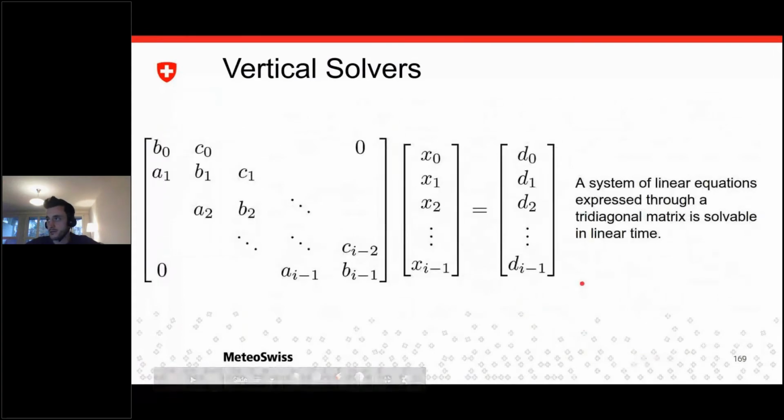So very generally, if you have to solve this system of linear equations expressed in this way, there is a very simple algorithm to solve this in linear time. Linear with respect to the size of the problem, so in this case, how many levels you have.